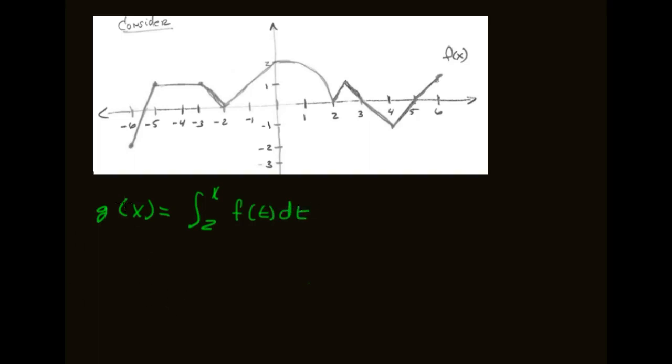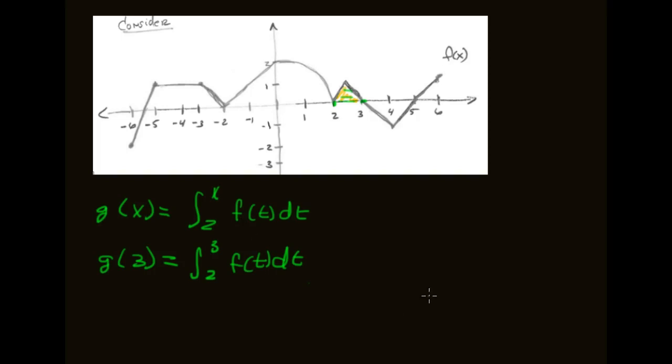Alright, so how would I find, let's say, g of 3? This is going to be the integral from 2 to 3 of f of t dt. Well, I have 2 here, I have 3 here, so we're talking about the area in this triangle up here.